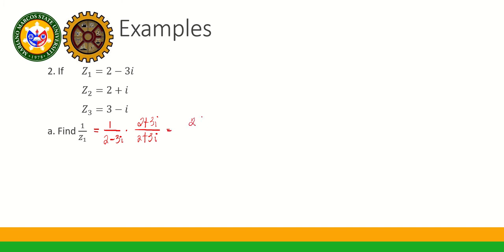Using the identity rule and the FOIL method, we have 2 squared minus (3i) squared. Simplifying further, this will be equal to 2 plus 3i over 4 minus 9i squared, and i squared is equal to negative 1.